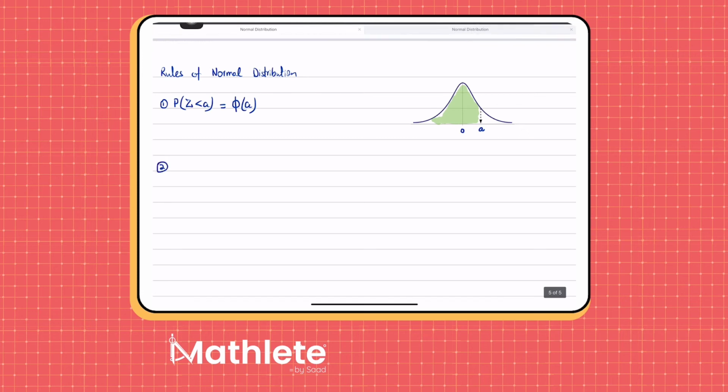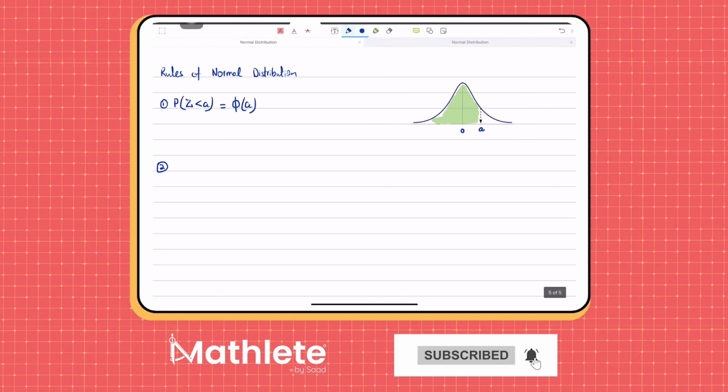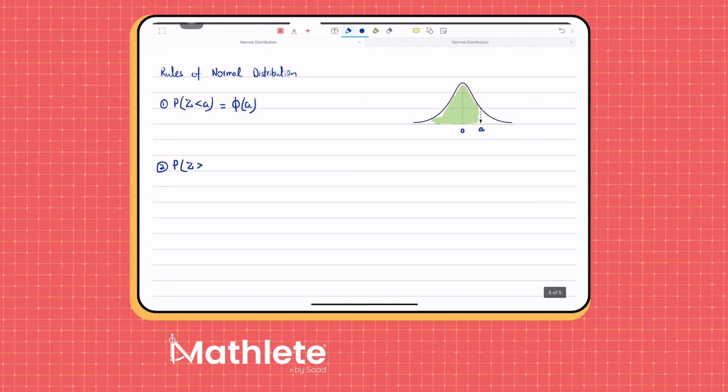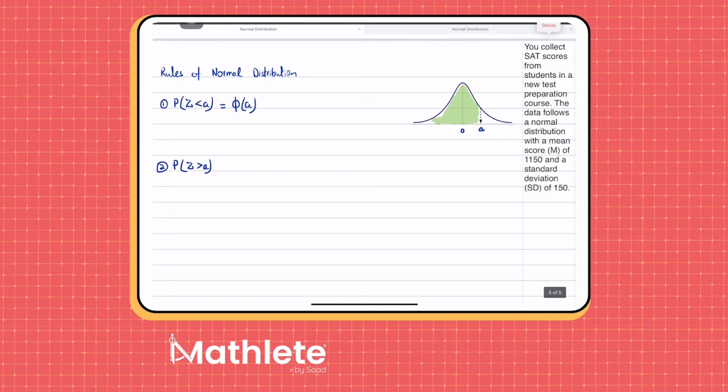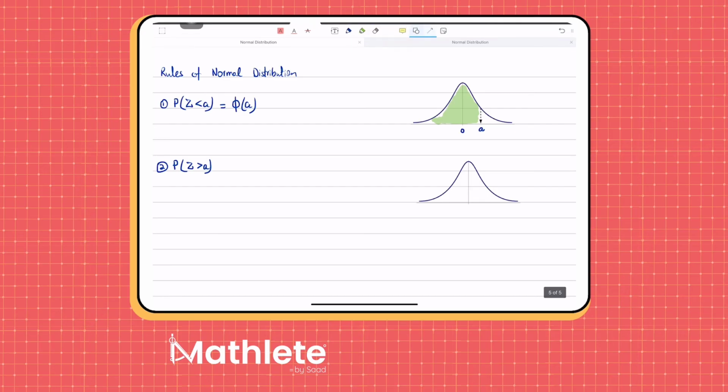Rule number 2. First let me write down the rule. If you're asked to find the probability of z being greater than a, what do we do in this case? First let's see what this means graphically. Graphically, this means that you want to find this area.